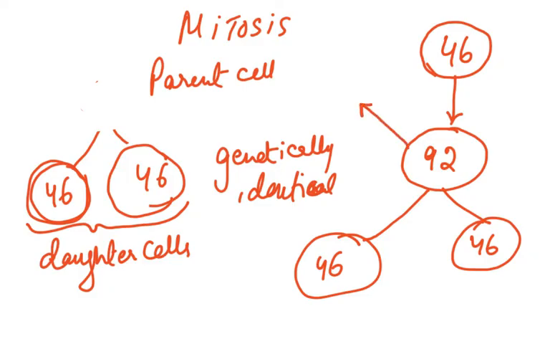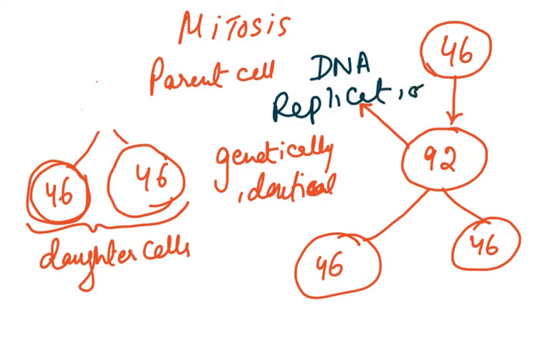This process is called DNA replication. A replica is an English word meaning an exact copy, like we have Lady Diana's replica in the Wax Museum, Madame Tussauds in London. So, DNA replication, replica means an exact copy.